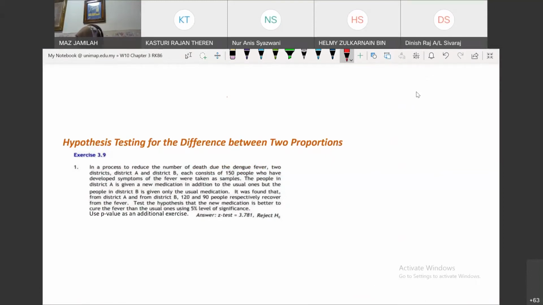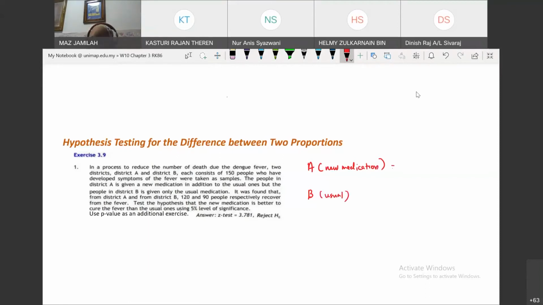People in district A are given a new medication in addition to the usual ones, but the people in district B are given only the usual medication. So we are talking about district A with new medication, and district B with the usual medication.